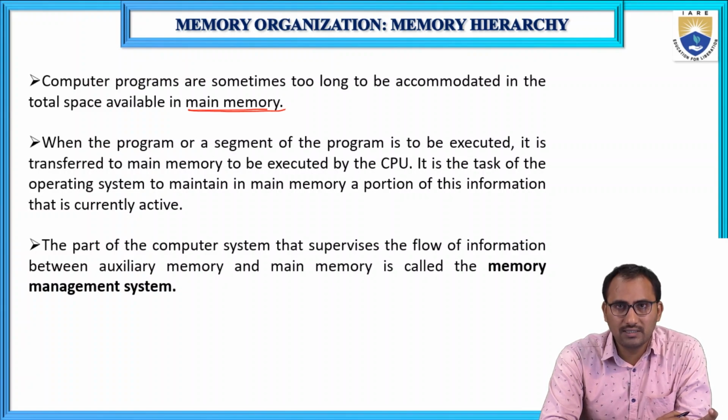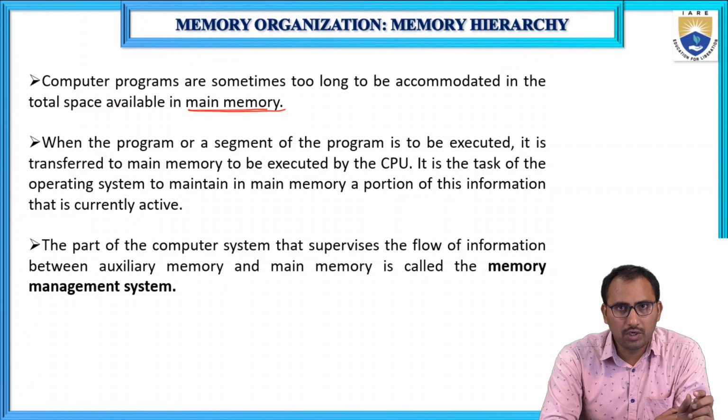Because suppose you consider an example, you are watching a movie. If you are watching an HD movie, then the size of the movie will be around 10 GB or 8 GB. Suppose you are using a 6 GB RAM, then how can that movie be stored in the main memory? Here, the entire movie will not be loaded into the main memory at a time.